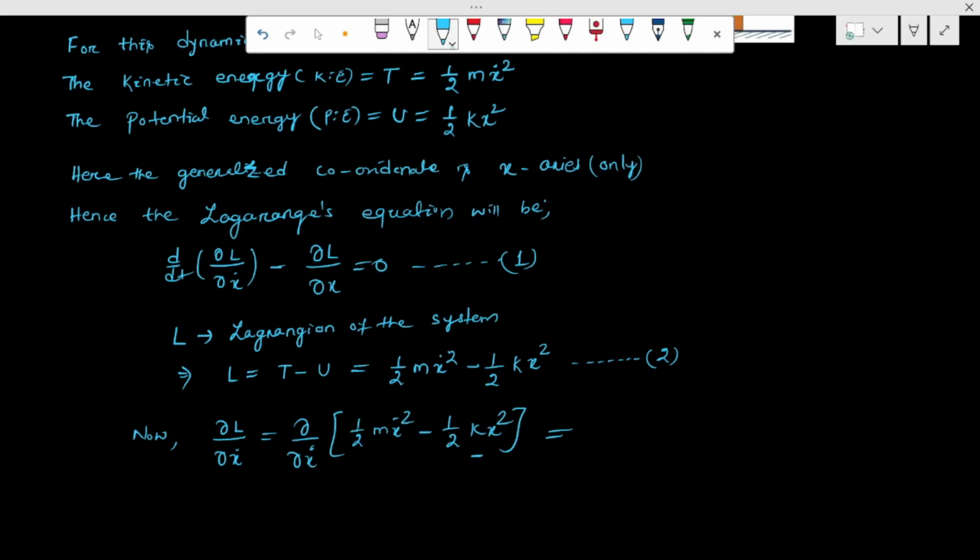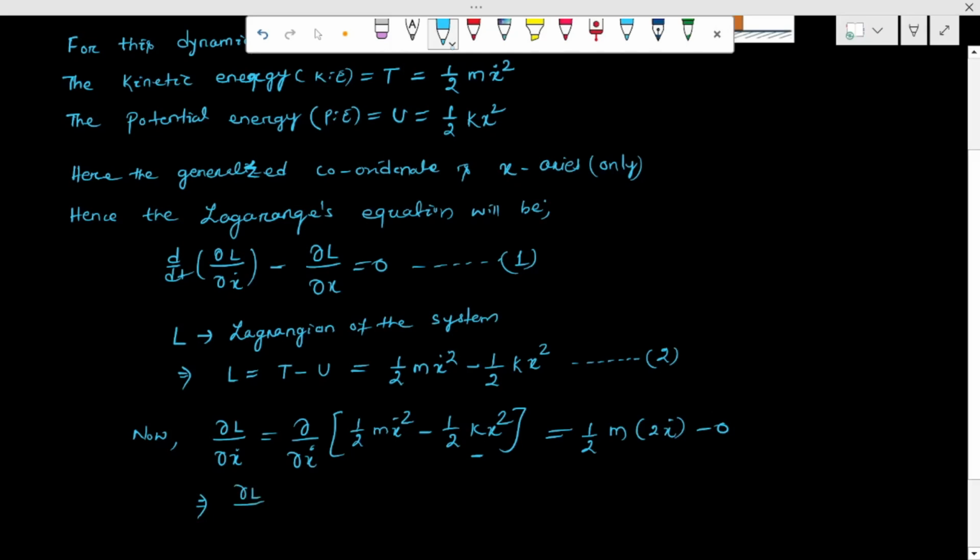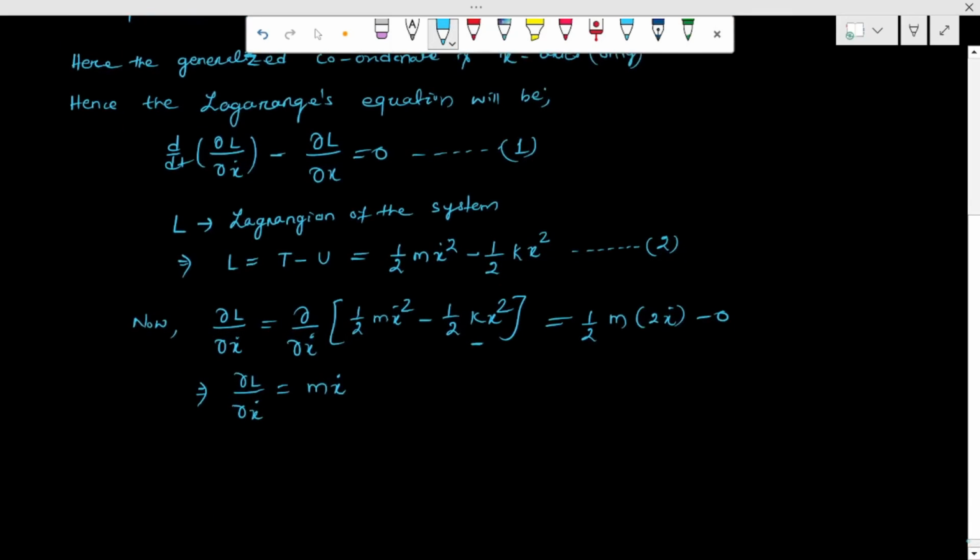Half m x dot square with derivative with respect to x dot gives 2 x dot, minus 0. So we found del L by del x dot equals m x dot. Let this be equation number 3. Put it inside the box.